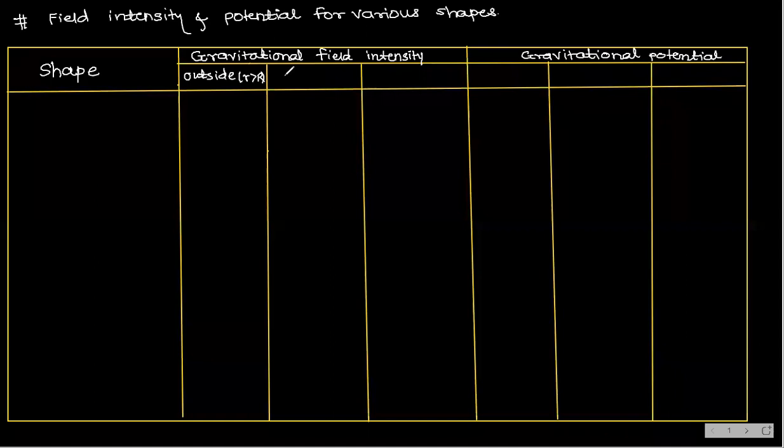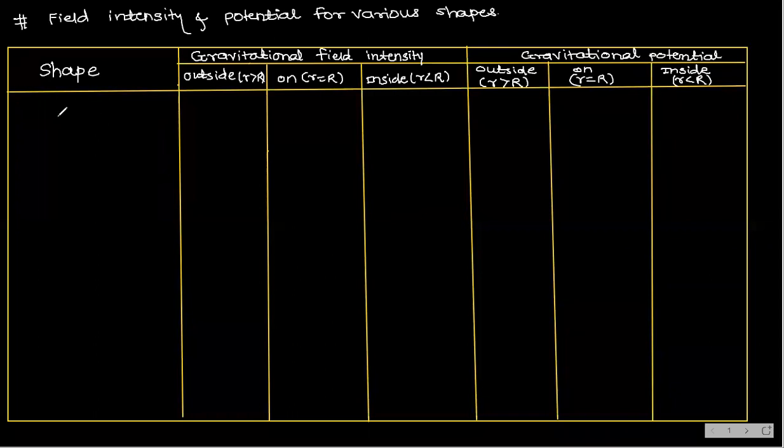Here it is on the surface, small r is equal to capital R, and here it is inside, that is small r is less than capital R. Similarly here also, outside, point is outside, it means small r is greater than capital R. Okay. Next is on, that is small r is equal to capital R. And third is inside, that is small r is less than capital R. Okay.